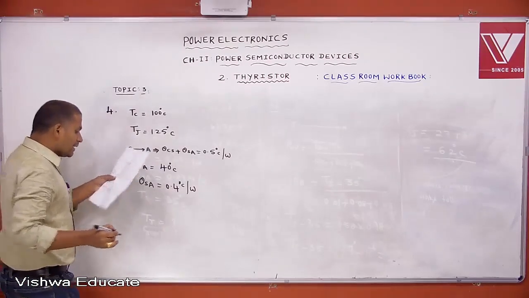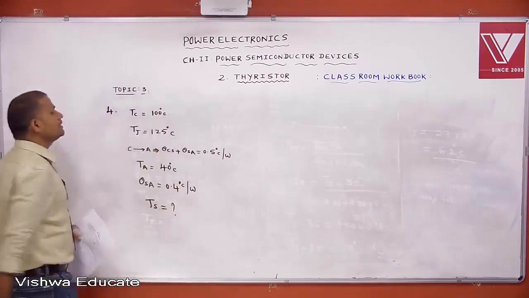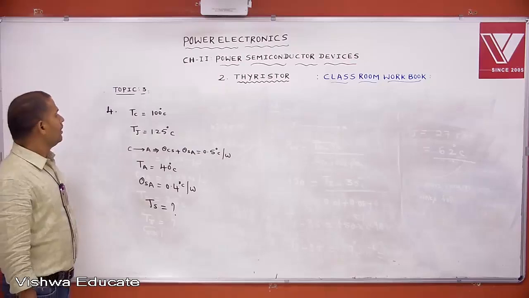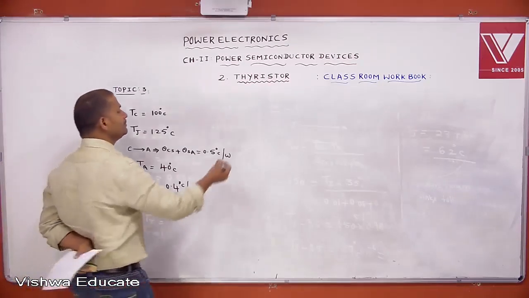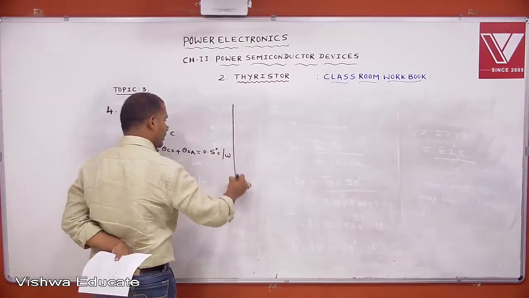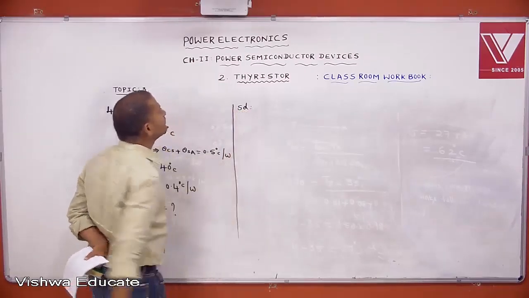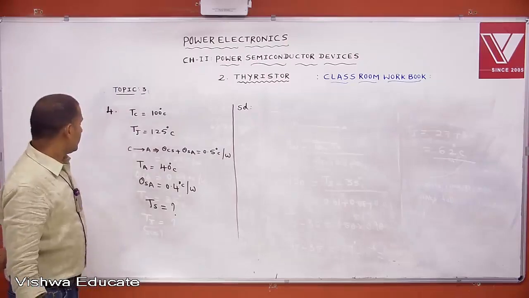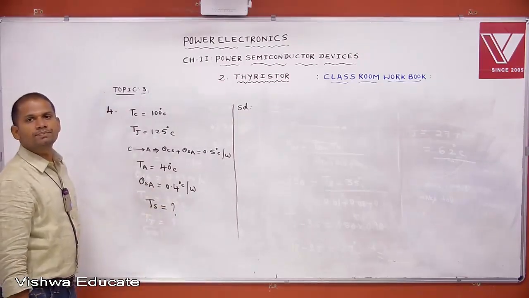Then calculate sink temperature, heat sink temperature. This is the question asked. Think how to solve this. What is the solution for this problem? You want to calculate sink temperature. How to solve?